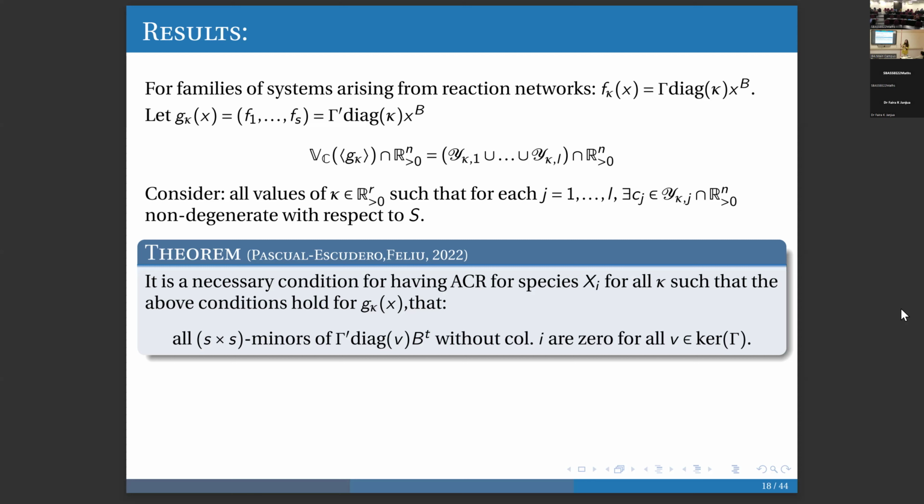then it is necessary for ACR that when I look at the matrix given like this, so this is my gamma from yesterday, and this looks a lot like the convex parameters that I showed yesterday, where I was putting here some parameters, as many as R, and then the transpose came from the Jacobian, and then I had another diagonal matrix here for the X, which was like X minus 1.